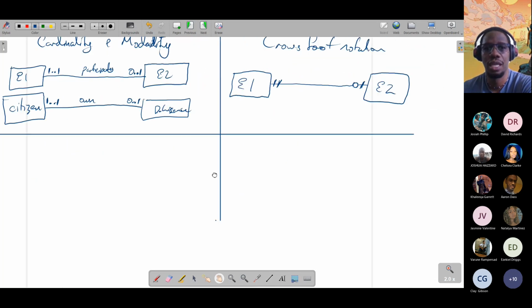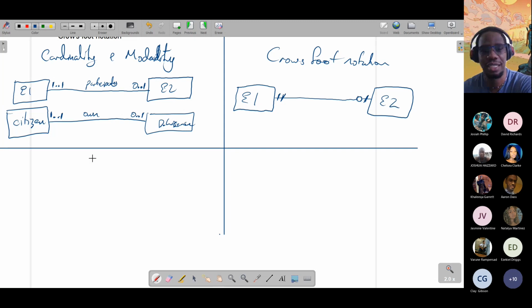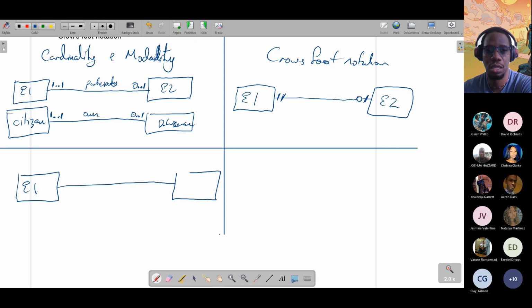If we move forward, let's take, for instance, a one-to-many relationship. So if I have my entity 1, and we have a relationship with entity 2, if I have 0 or many, and entity 2 will have, let's say, 1 or many.